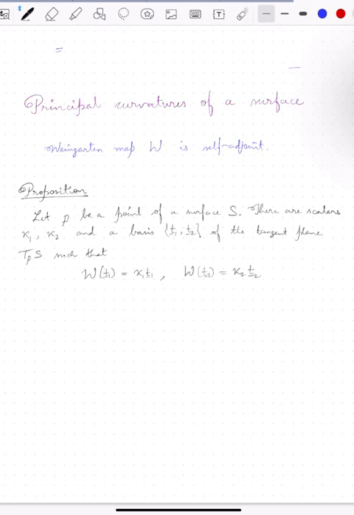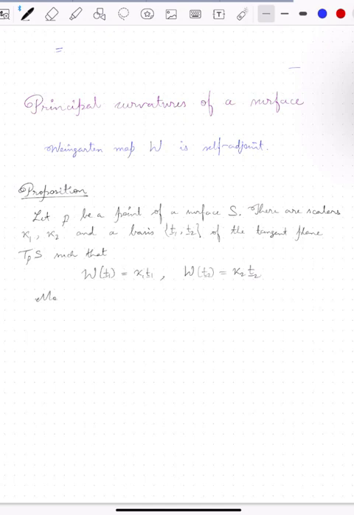So it means that for a basis T1, T2 of the tangent plane, the Weingarten map acting on T1 gives us just a scalar multiple of T1, right? So that scalar multiplier, which is kappa 1 and kappa 2, happen to be the eigenvalues, so to speak, of the linear Weingarten map.